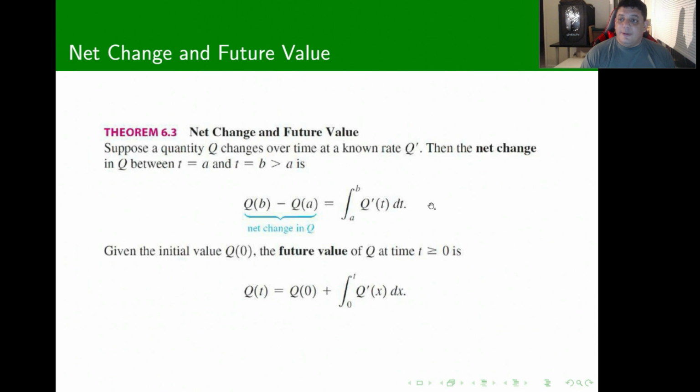Now, in a similar fashion to what we did with speed and acceleration, we can find the future value by considering that the quantity Q is given by the initial quantity Q of 0 plus the integral of the rate of change over a certain interval of time t. And that will produce what the future value of Q is going to be at that point t.